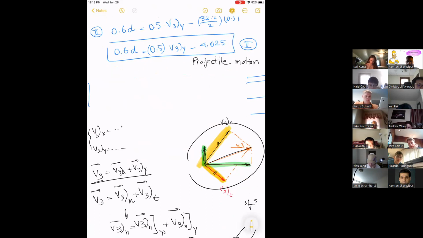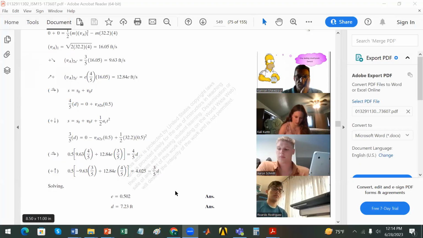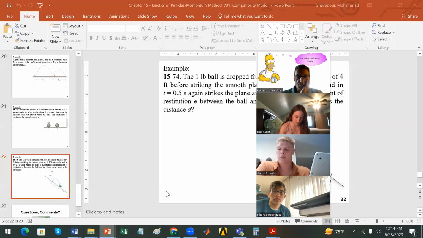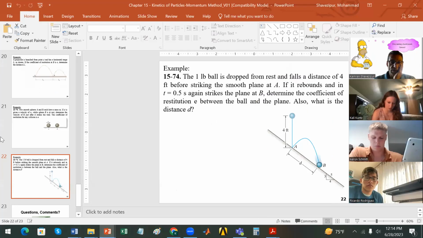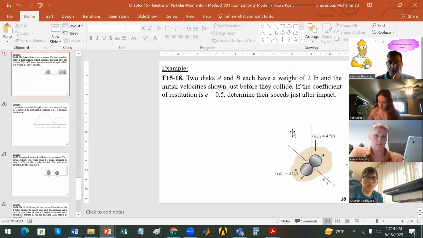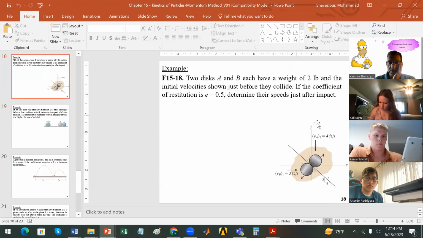Okay. Let's just go back to the slides. I think we have done enough of this chapter. So we did this example, and this example, and this example.